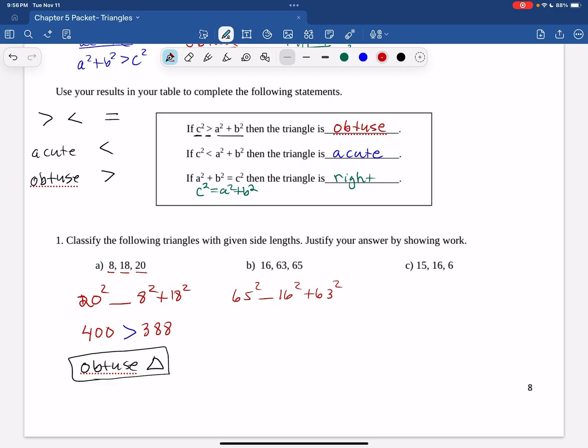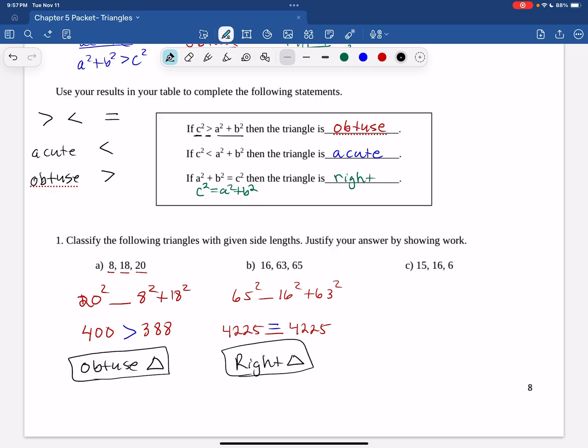And so you should have got 4,225 for 65 squared. And then 256 plus 63 squared is also 4,225. So these are equal, and equal means that we have a right triangle.